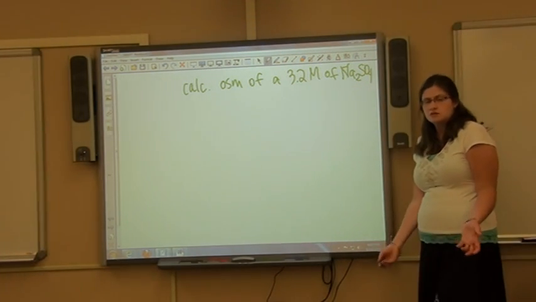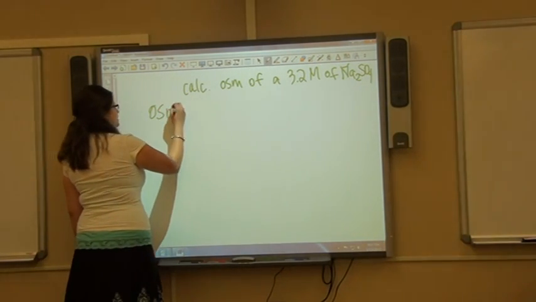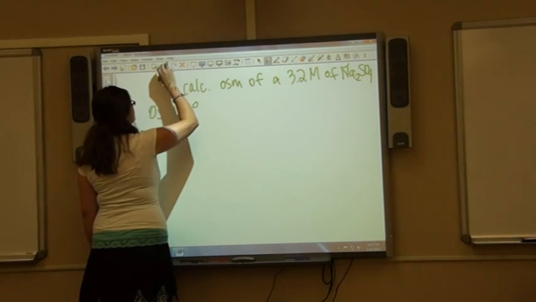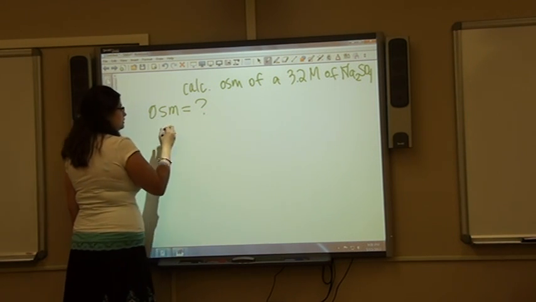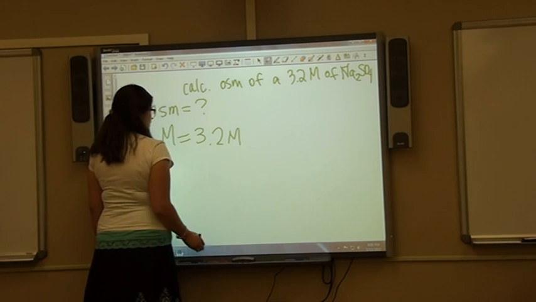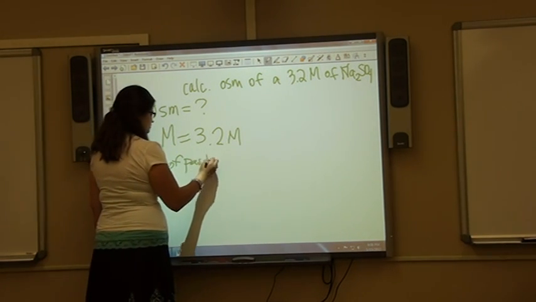Okay, you can make a table of knowns and unknowns for this. OSM is your question mark. You're given a molarity, and you know number of particles. How many should you have?